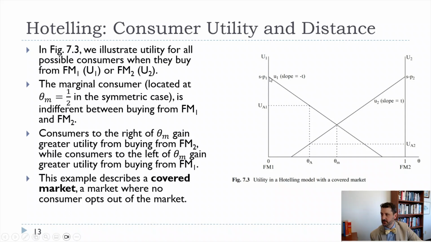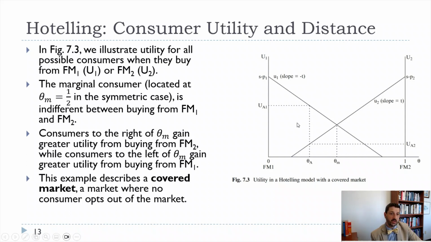So up to this point, consumers prefer good 1, and then moving from this direction, consumers prefer good 2, and at this point, they're indifferent. So everybody to the right is going to go to the second store, and everybody to the left is going to go to the first store, and that's how many sales the firm will have.